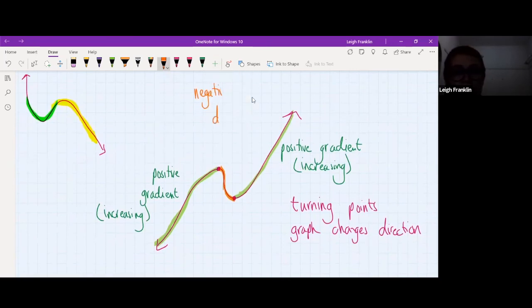Negative gradient. It is known as decreasing. What is the other name that we give to gradient?